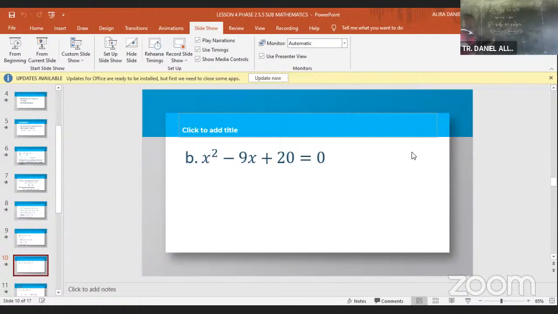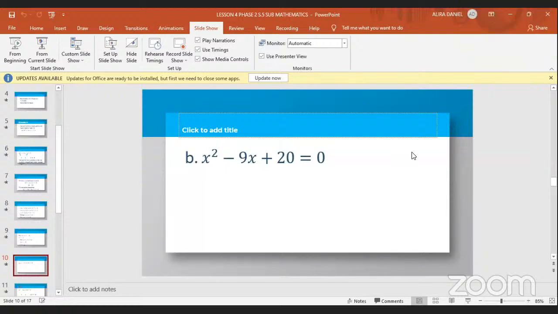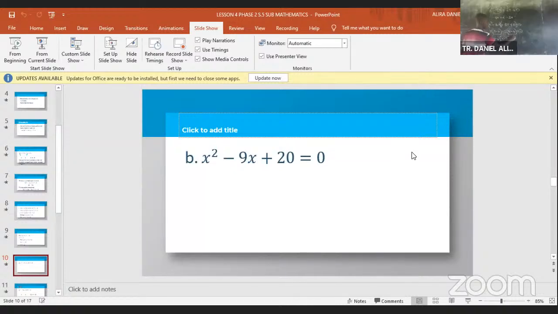You pull it out, you shall have x minus 4 as the common bracket, and remaining here is x minus 5, which must be equal to 0. Then either x minus 4 equals 0 or x minus 5 equals 0.